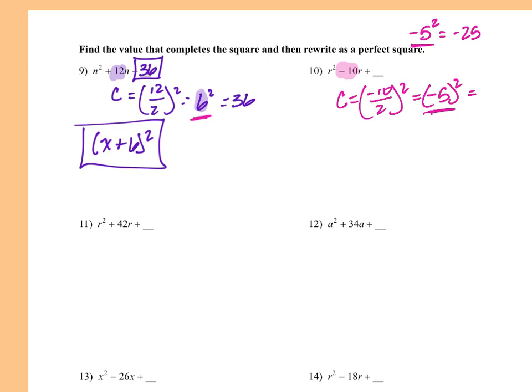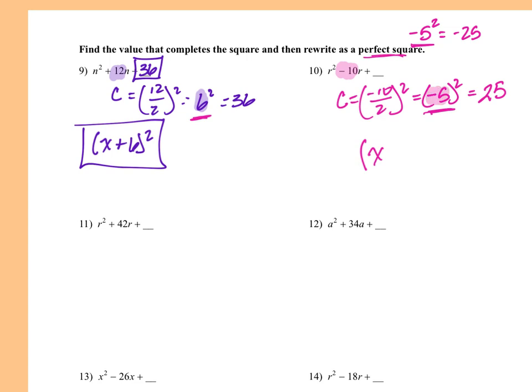Okay, so this is positive 25. I keep touching the wrong button. Sorry about that. Positive 25. And then I need to rewrite that as, it says as a perfect square, right? So I'm going to rewrite this as x, and then I'm going to use the number that I'm squaring.